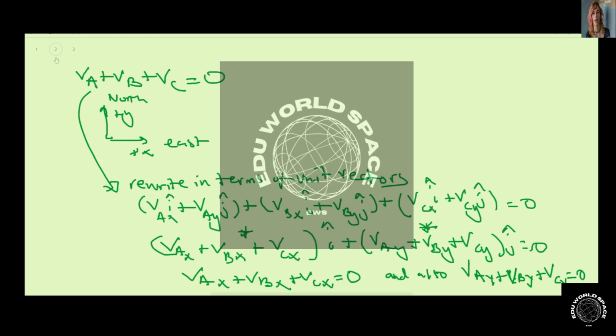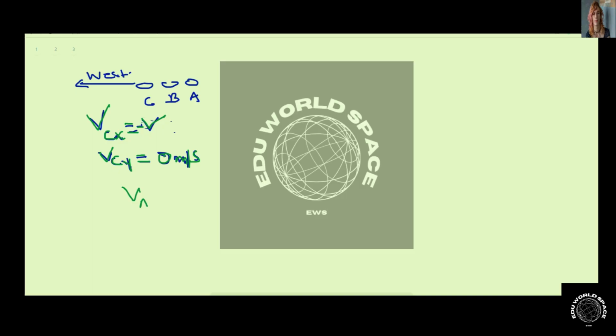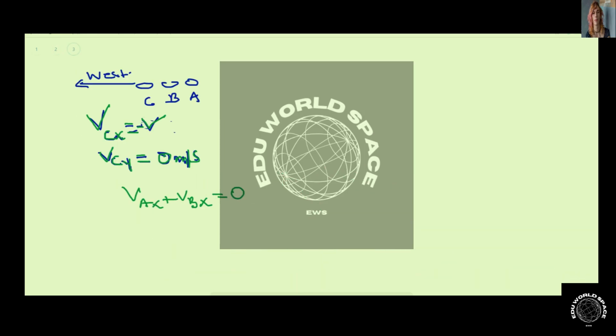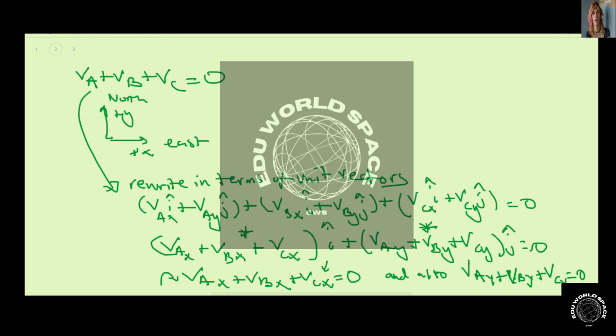And so, going back and looking at this equation, we know that Vcx is negative v, so that's going to give us a new equation of Ax and Bx. Vax plus Vbx equals v. And also in terms of the y's, we know Vcy is 0.